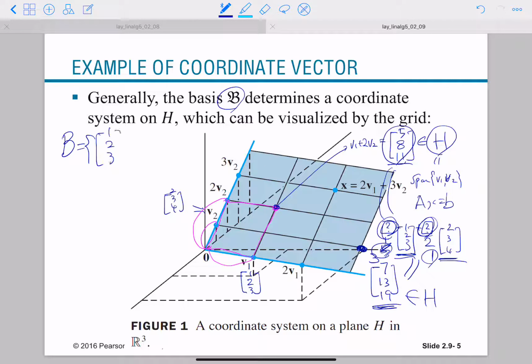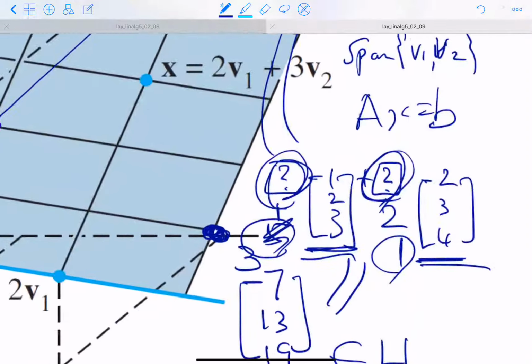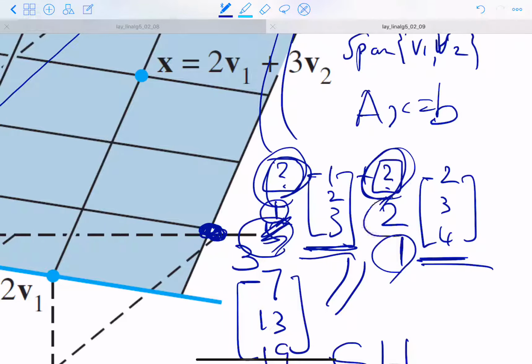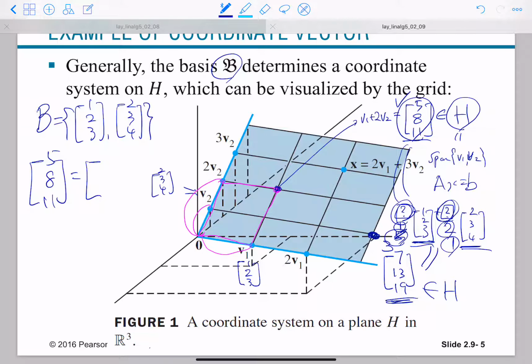Suppose it is 1, 2, 3, 2, 3, 4, and then yeah, let's use this guy, 5, 8, 11. Okay, so that is having the linear combination coefficient as 1 and 2, right, from this shape of the parallelogram, and this guy is represented as some weird shape.